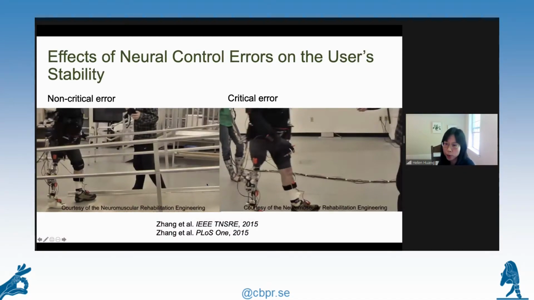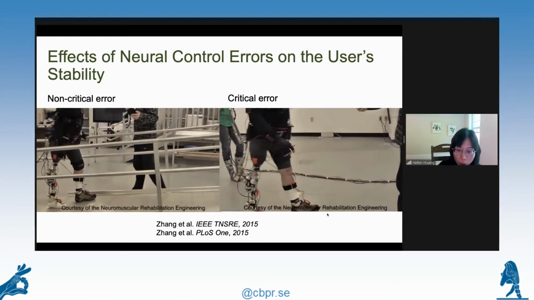And so the thing that I wanted to talk about is I also see some limitations of this control. So one is, there are always errors in the decoding. So we did a systematic study by understanding the prosthetic error and also the time delay. These two papers describe that, and we actually studied how that influenced the amputee's stability.